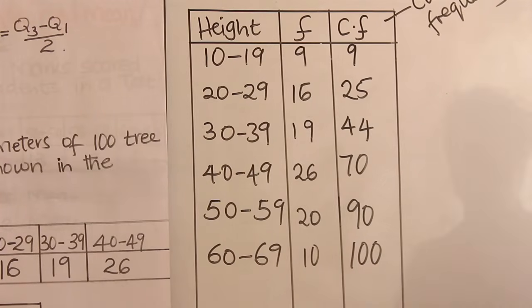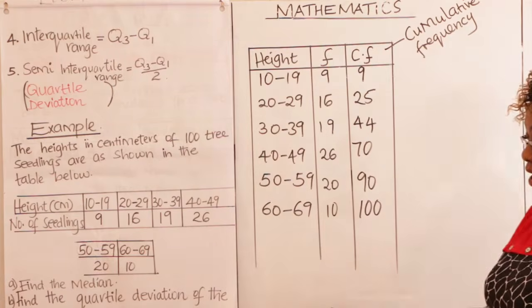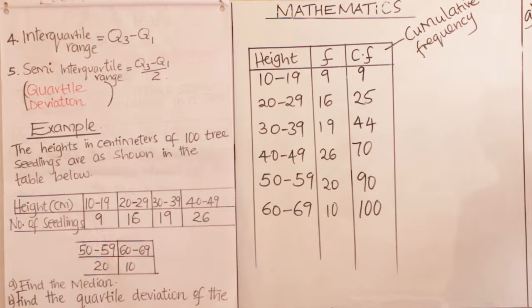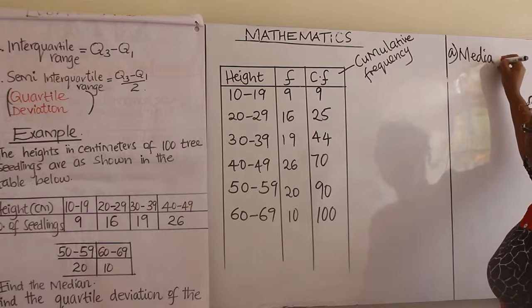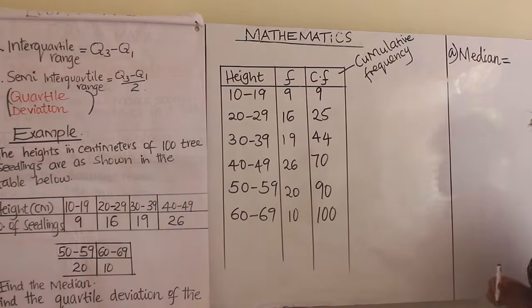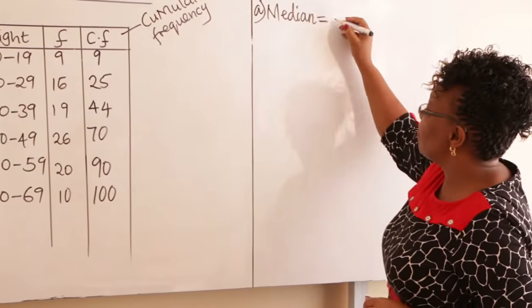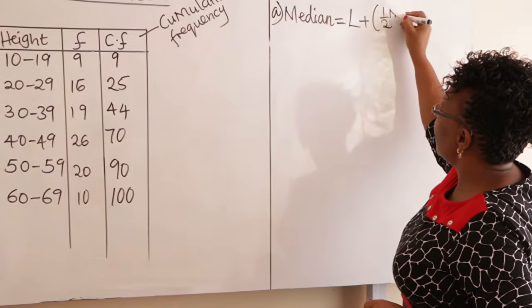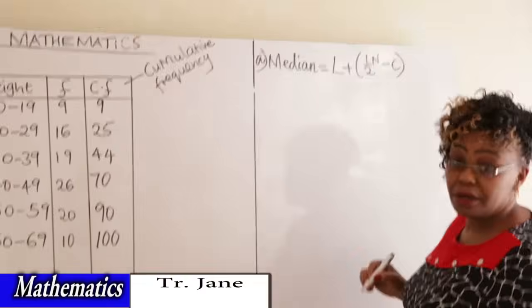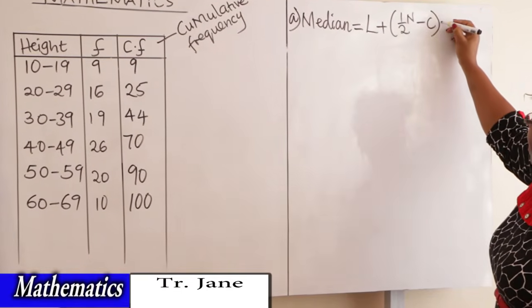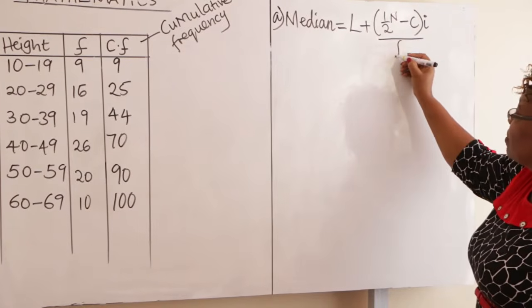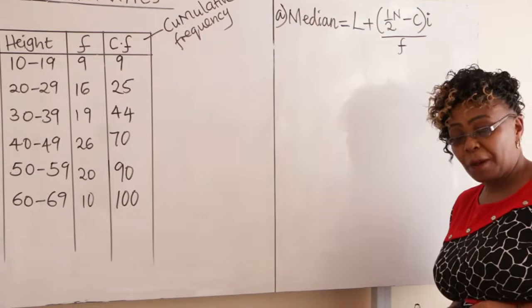So from there, learner, let us go to the first question here. Find the median. We said that the median of grouped data is given by L plus a half of n minus c, multiplied by I, divide by f.